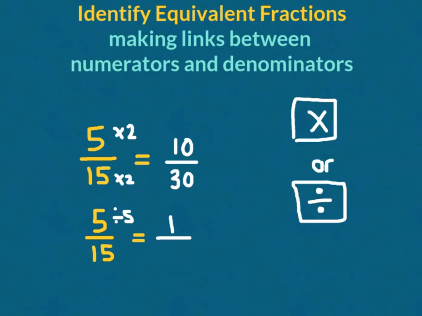Remember, whatever operation we carry out to the numerator, we must also do to the denominator. 15 divided by 5, well, we know that that gives us 3. So 5/15 equals 1/3.